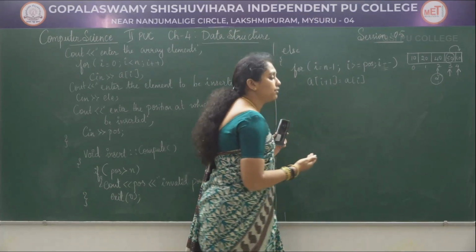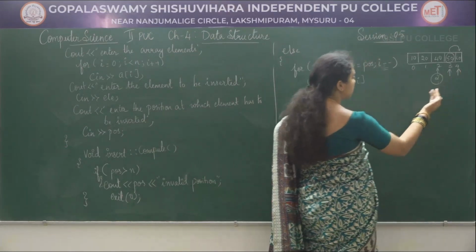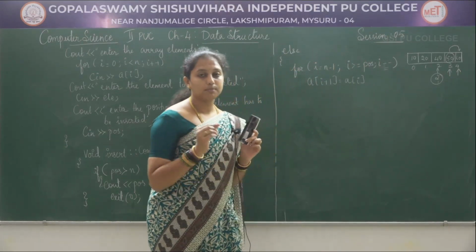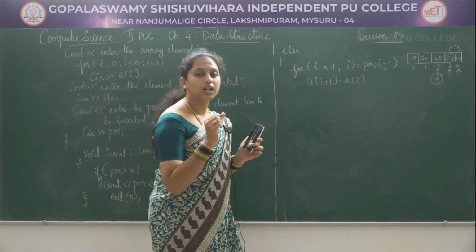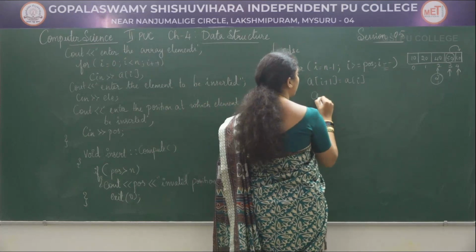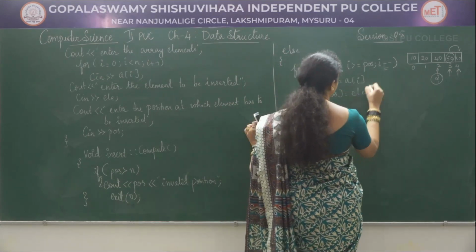So after shifting all the elements from the last position till the required position, the position becomes empty. So at that position I have to insert the item, that is A of position is equal to element.